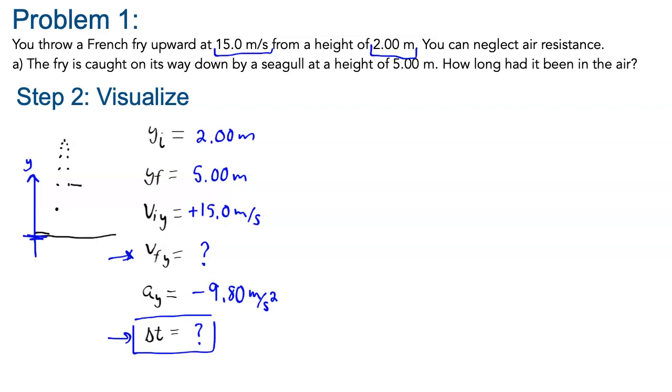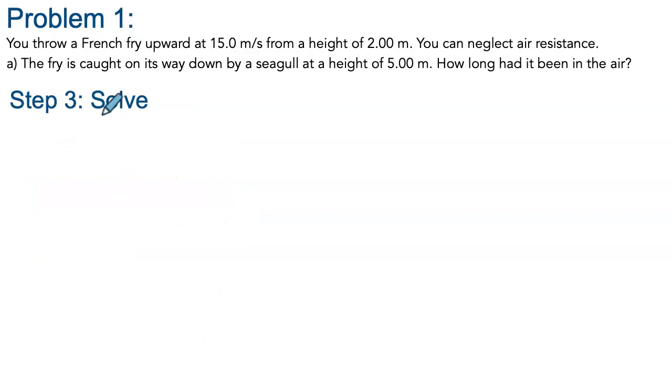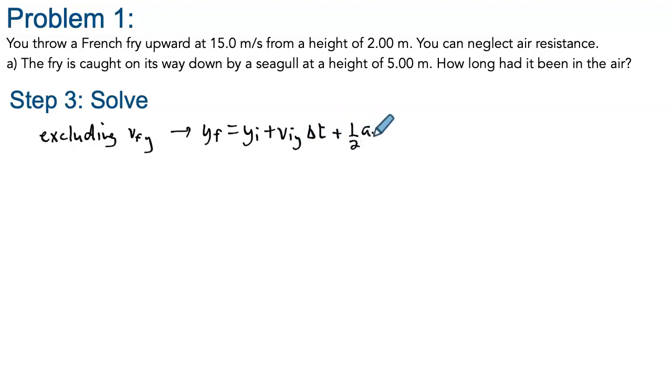So we have to identify the equation that can help us in here. And from what we just discussed, we know that that equation will be excluding the final velocity from the equation. So the equation we want to use will actually be the one that tells you the final position given by the initial position plus the initial velocity multiplied by delta t plus 1/2 times the acceleration times delta t squared.